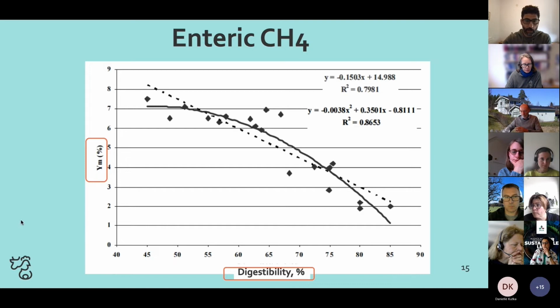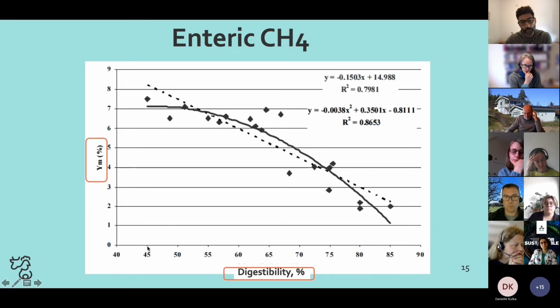You can see this graph in which we plot the emission factor, the Ym, which is the proportion of the original energy in the diet that is lost as methane, because methane has energy, in relation to the digestibility of the diet. As you can see, as the digestibility of the diet increases, the proportional amount of methane that is lost goes down.